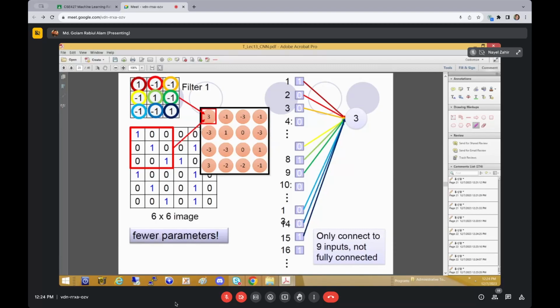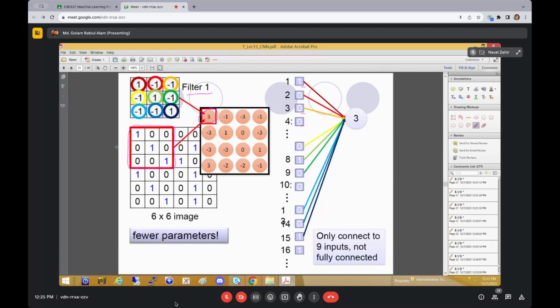Now if we want to represent the convolutional neural network output, this is the first filter. We perform the convolution operation on the first patch, and then we get this output. Here is the input: 1, then 0, then 0, then 0, like this.